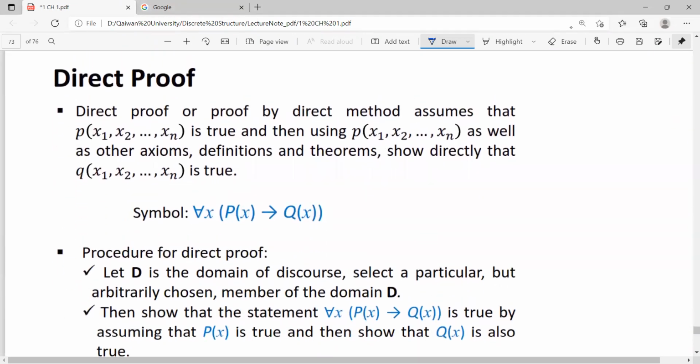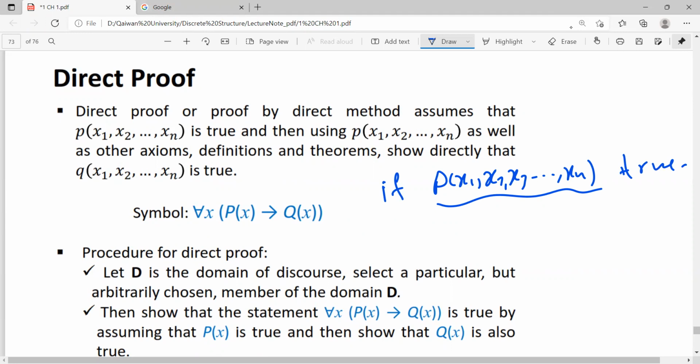First, direct proof. For the direct proof, in the theorem, we are going to be given some hypothesis. You can use these hypotheses to prove the required part. Let's say P of x1, x2, x3, up to xn is given and it says this is true.